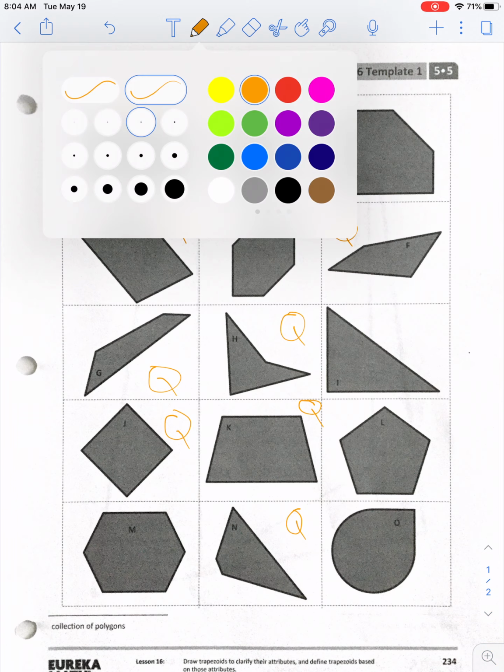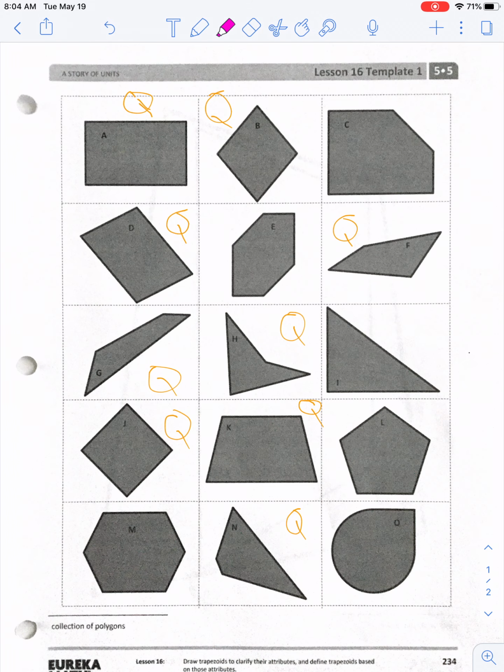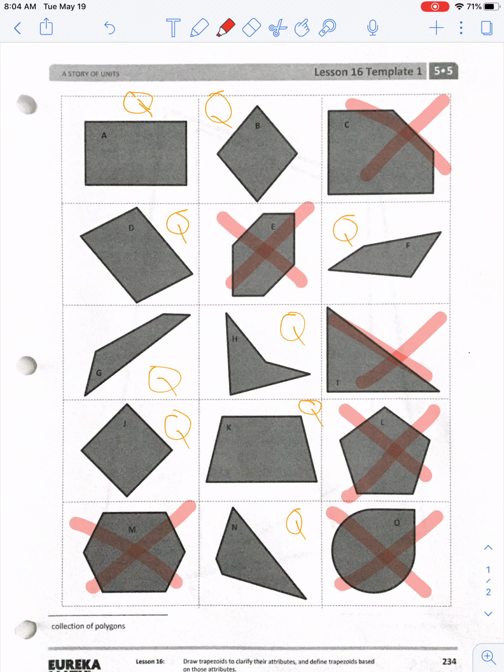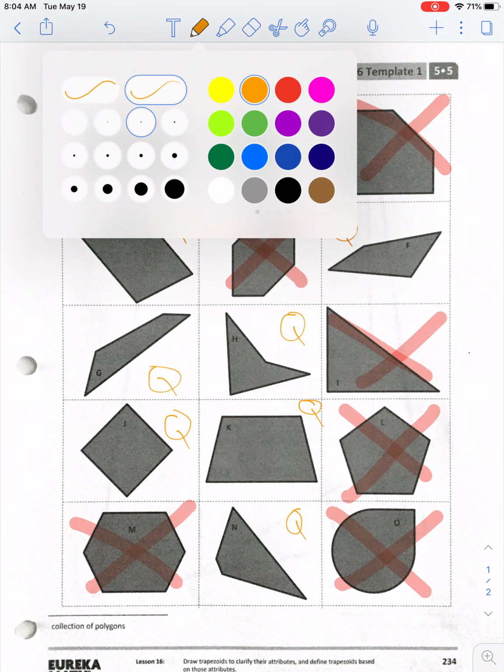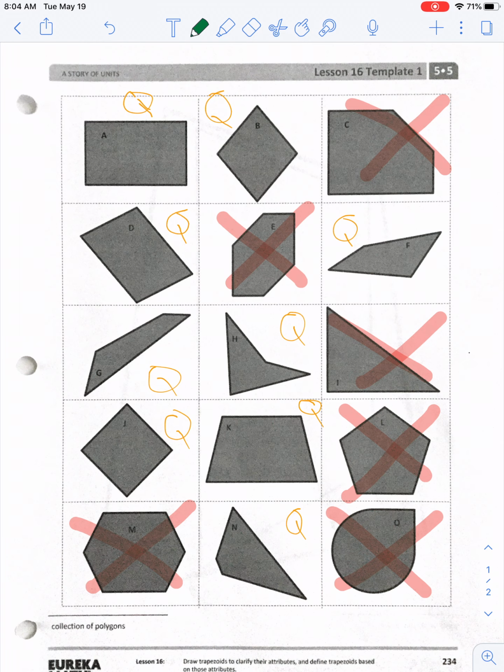So before we do that, I'm going to take my red highlighter and mark out the shapes that are not quadrilaterals. So we're not even looking or working with these. Okay, so now I'm going to use blue. Now we're going to separate by trapezoids and non-trapezoids.